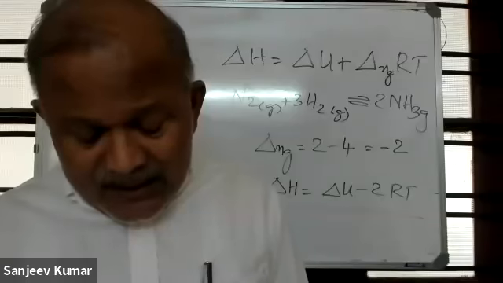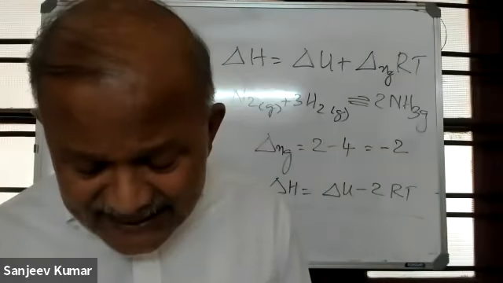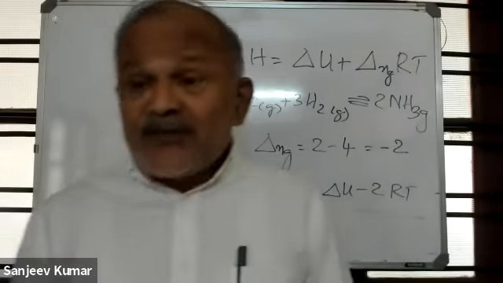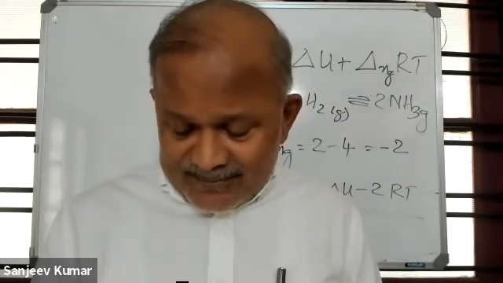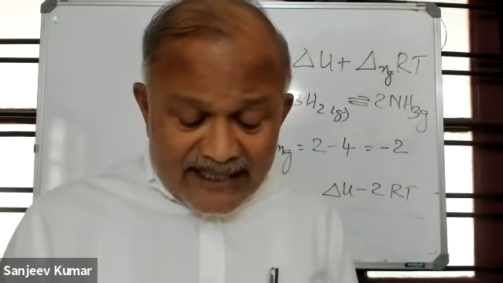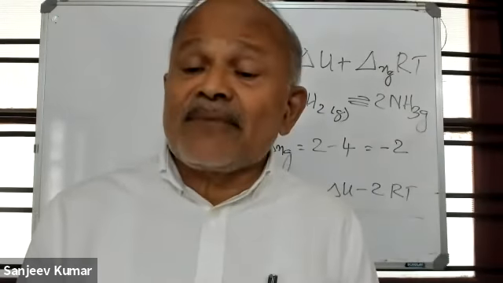Ninth question is: 121.6 joules of heat are required to raise the temperature of 25 gram of ethylene glycol through 2 Kelvin. The specific heat capacity of ethylene glycol in joule per Kelvin per gram is?